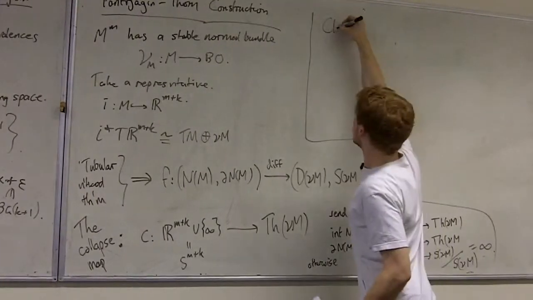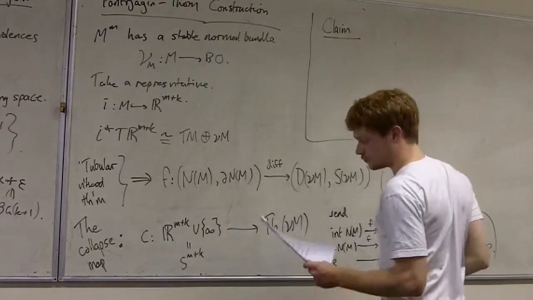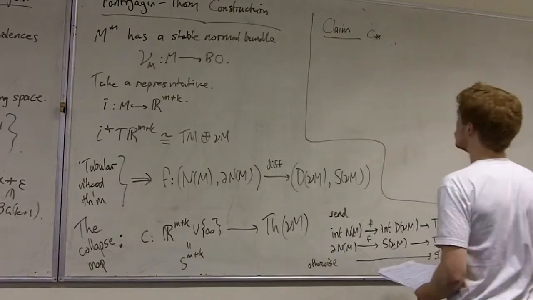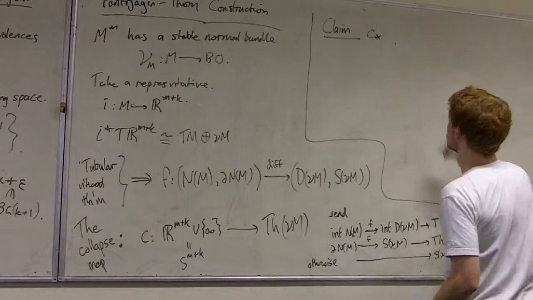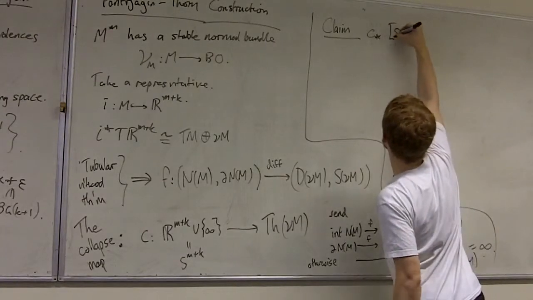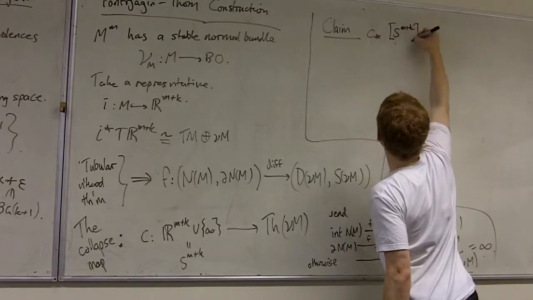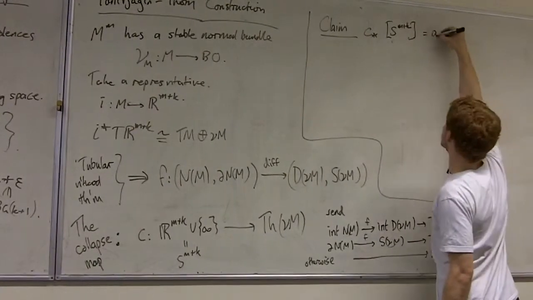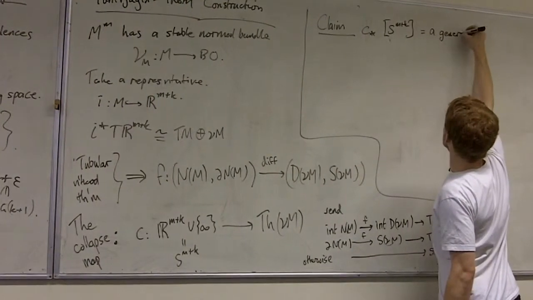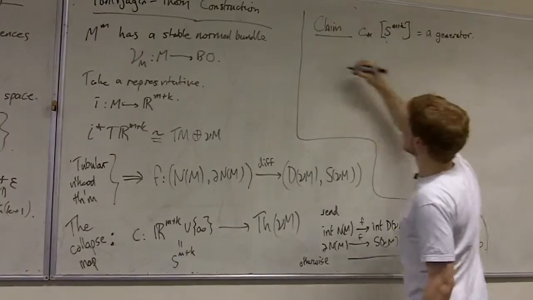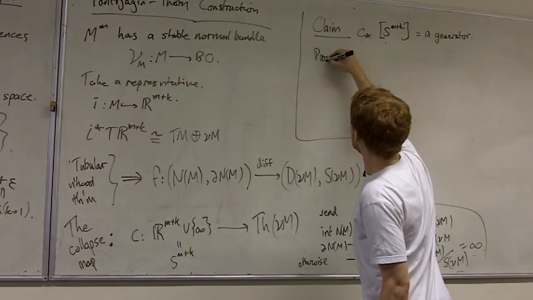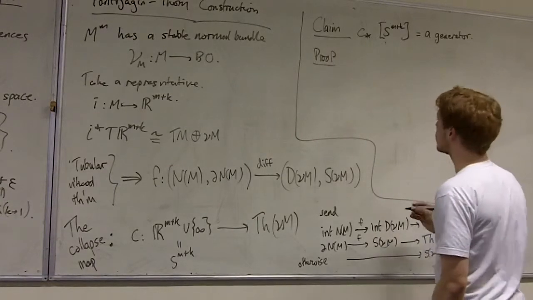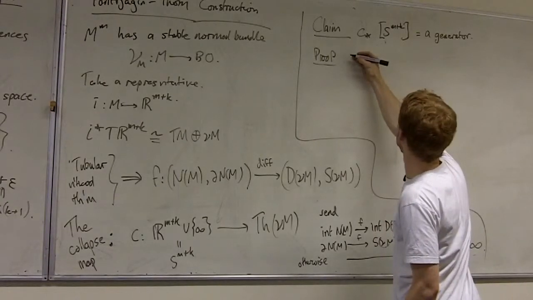So claim: the induced map on homology sends the class of the sphere to a generator. This is kind of easy to see, it just falls out.